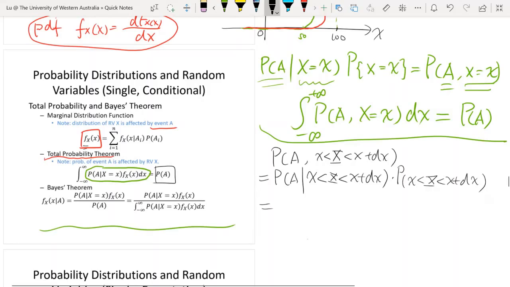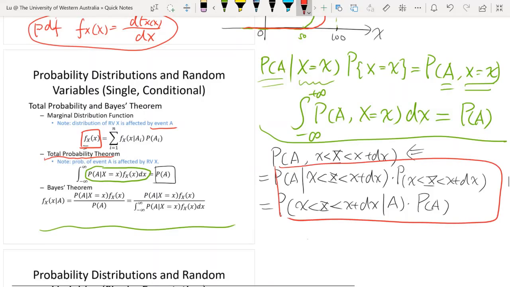Another format is similar to this one because the two terms inside of this joint probability are interchangeable. So we can just write down another thing which is similar. This second term becomes the first term, then P(A) here. Now in this part, what is the probability that the value of the random variable capital X falls into x and x plus dx?